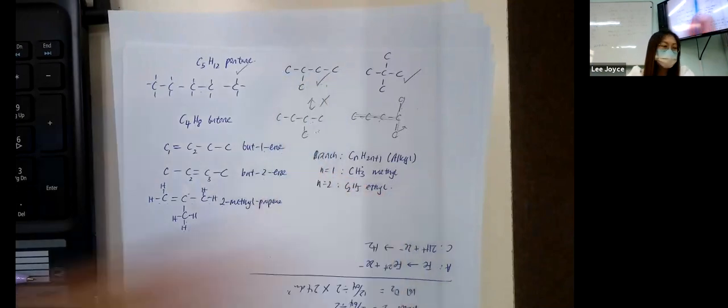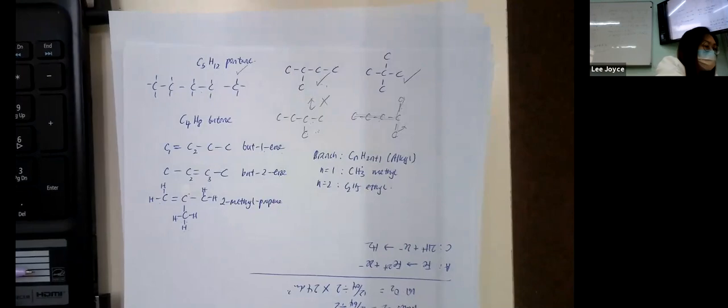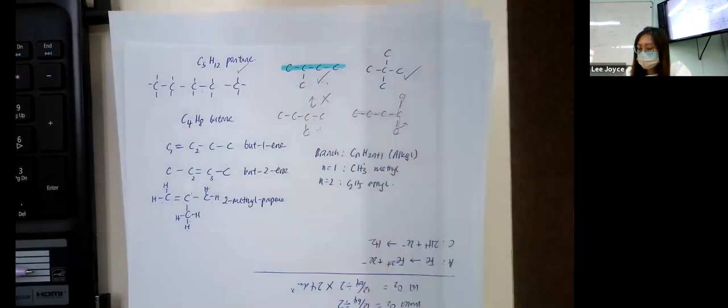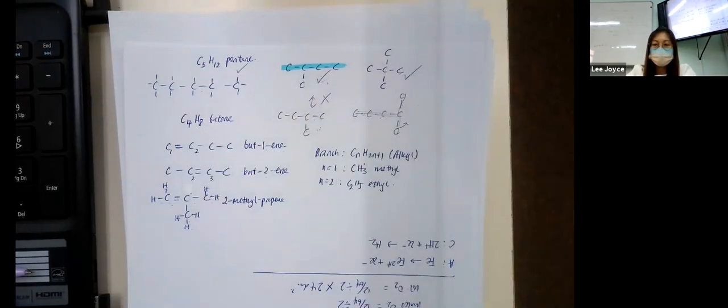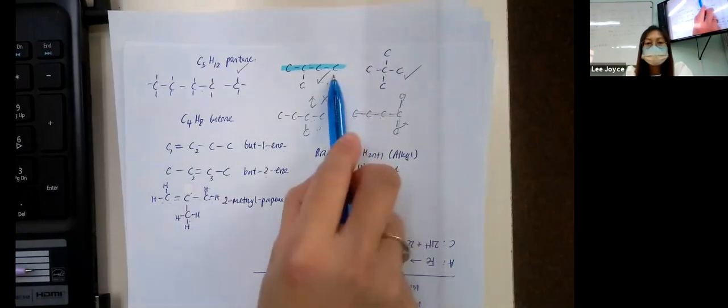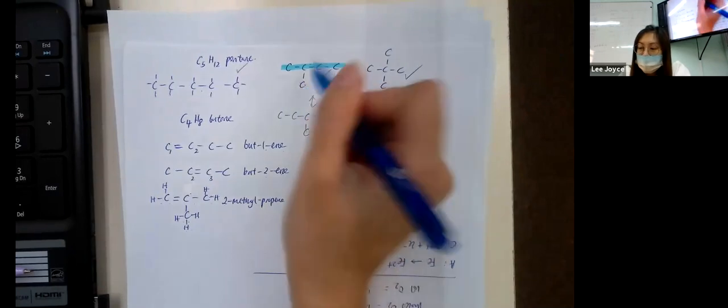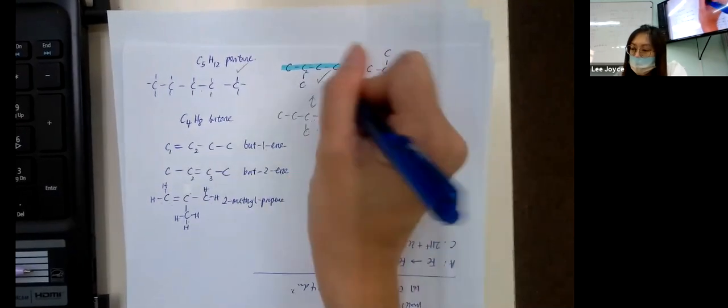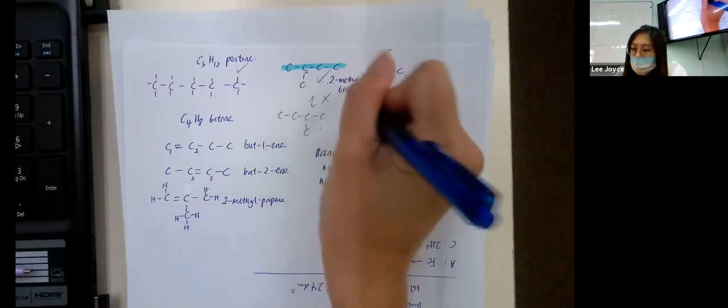The longest chain has 4 carbon atoms. A 4 carbon atom chain is called what? Butane, right? So how do we name this compound? Since it has a branch on the second carbon, we call this 2-methylbutane.